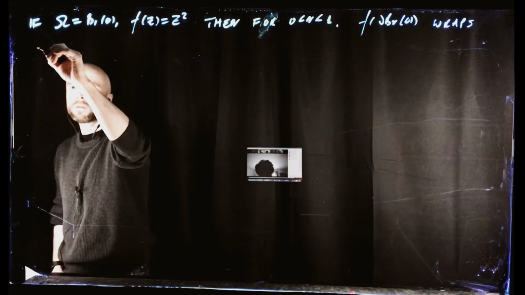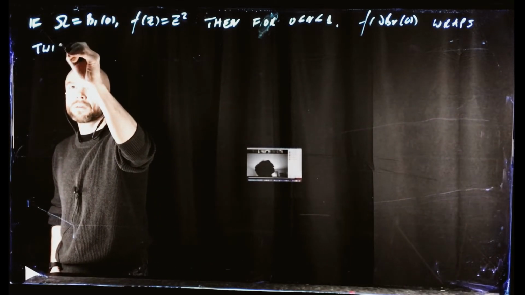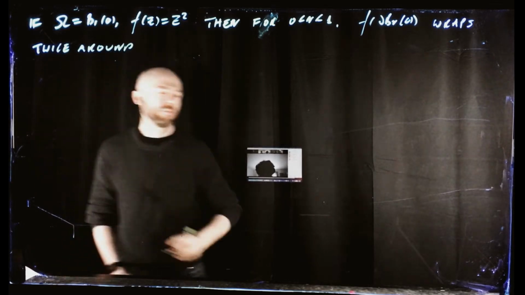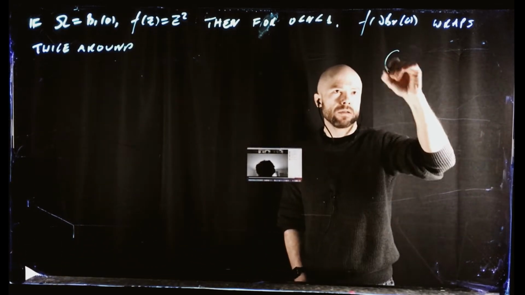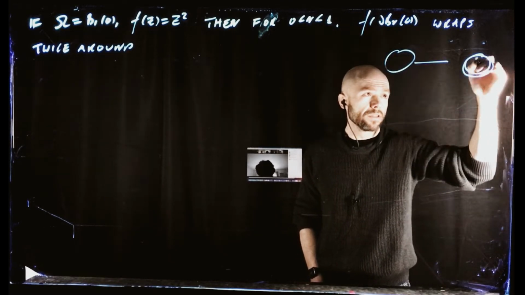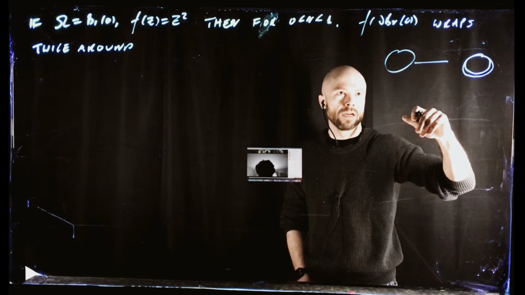Twice around. Yep. So if this is our domain, then the image looks the same, but we're going around 2 times. So I'm overlaying it to make it look like it's 2 times, right?